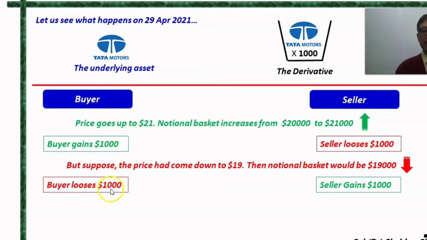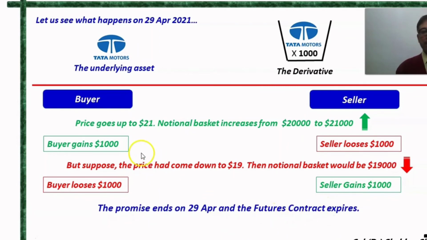Now the price has come down to 19. So $1 per share, that means $1,000 over this basket he has lost. And what happens to the seller? The seller gains $1,000 because he had sold at 20. Now the price has become 19, so he can repurchase at 19. Alright, he has gained $1 per share. That means he has gained over this basket $1,000.